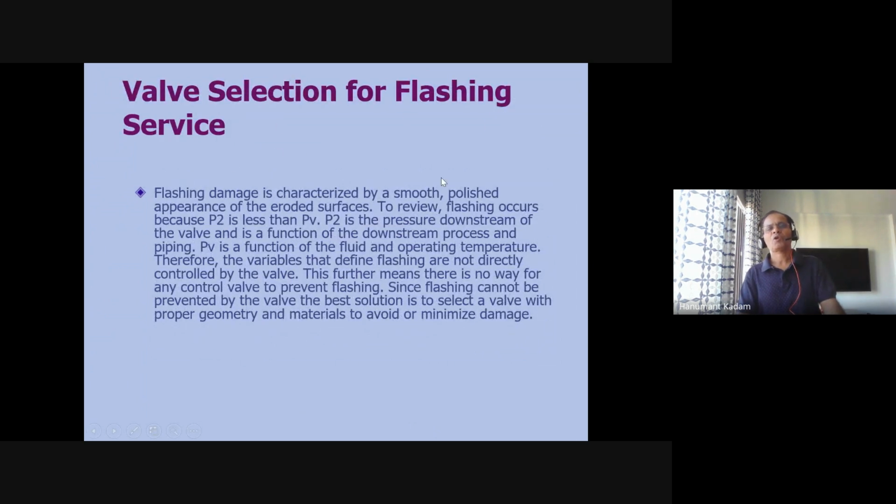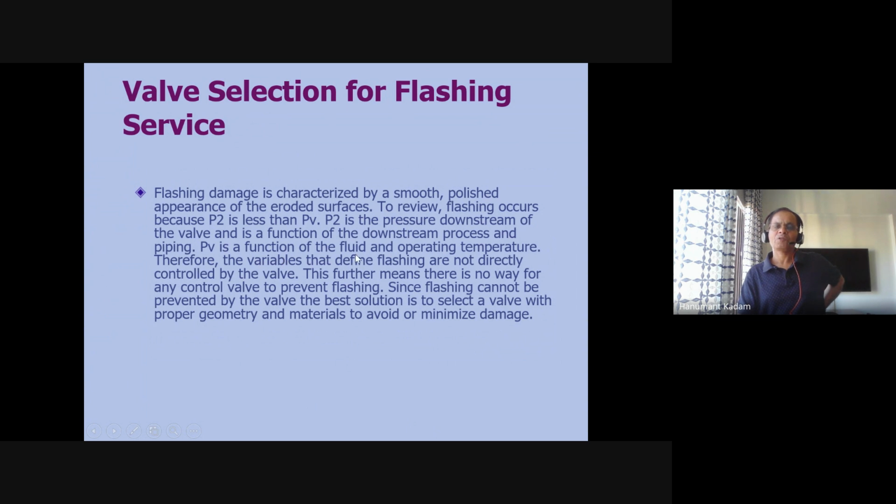So valve selection for flashing services is to avoid that damage, which is characterized by a smooth and polished appearance of the eroded surface. To review, flashing occurs because P2 is less than PV. P2 is the pressure downstream of the valve and is a function of the downstream process and piping.